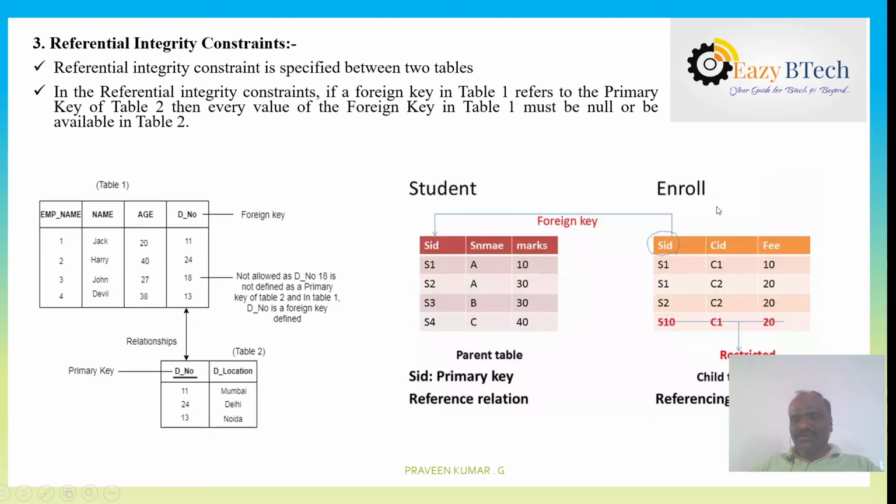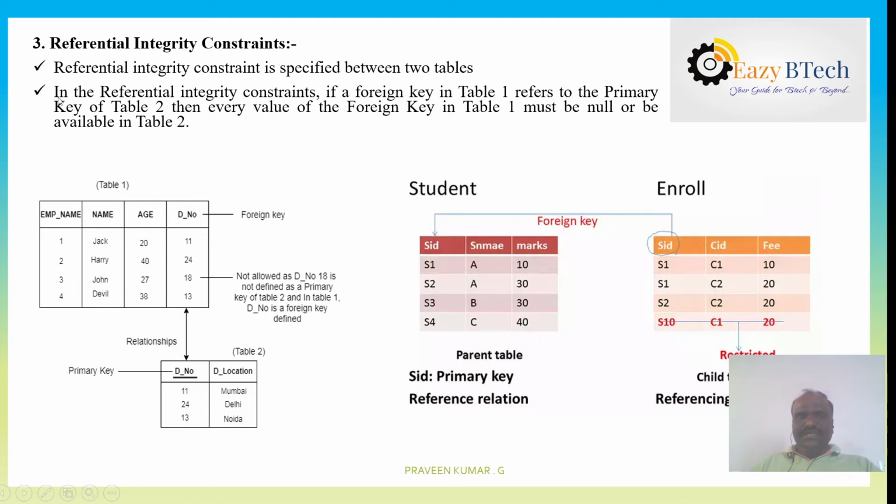A student has to enroll in some courses. As a part of JNTU, compulsorily in 3.2 or 4.1 you have to enroll for an NPTEL course. At least you enroll in around 2 NPTEL subjects and successfully complete those courses. Here this is the student table, this is the enroll of NPTEL.